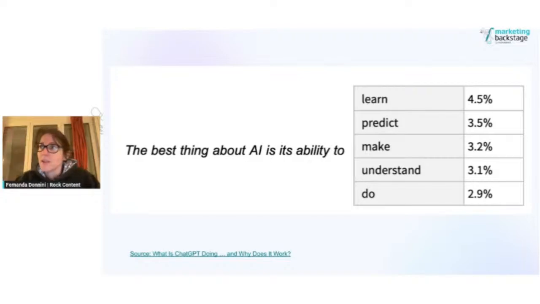What would be the most used word from everything the AI has as an input? What will have the higher probability of coming next? Is it learn, predict, make, understand, do? And it'll just pick one and go to the next one and the next one and the next one.